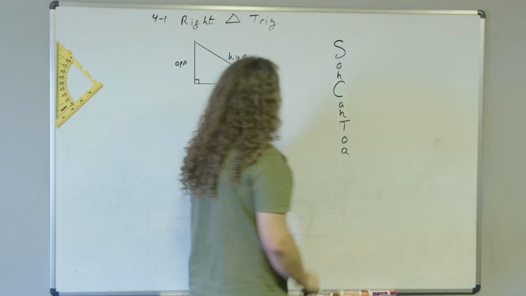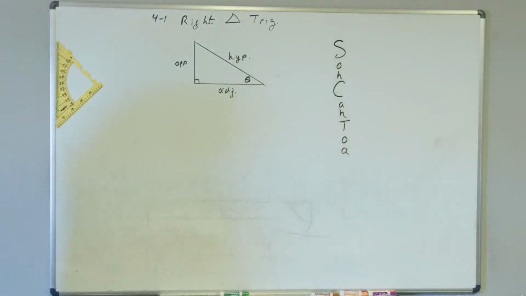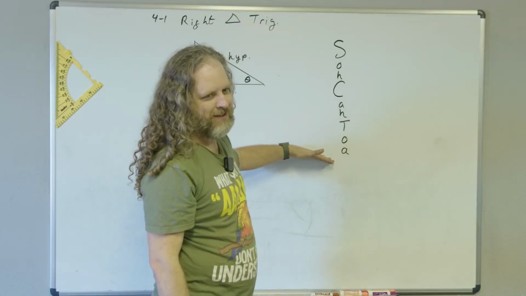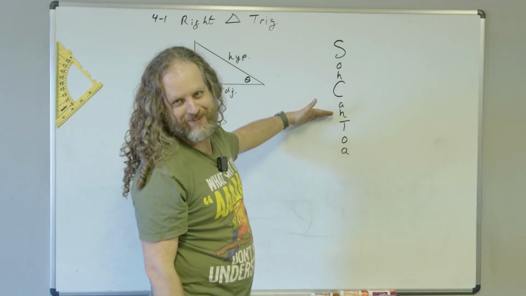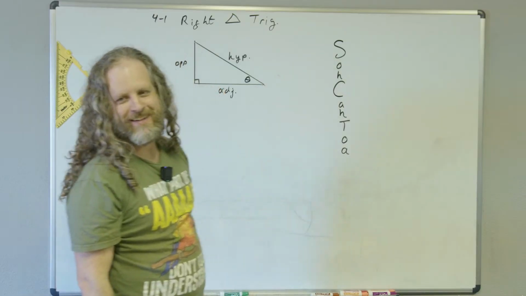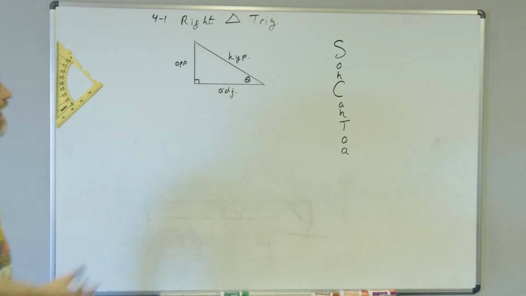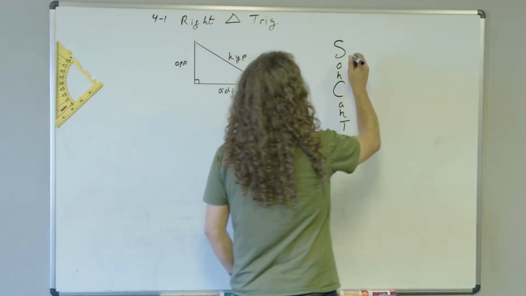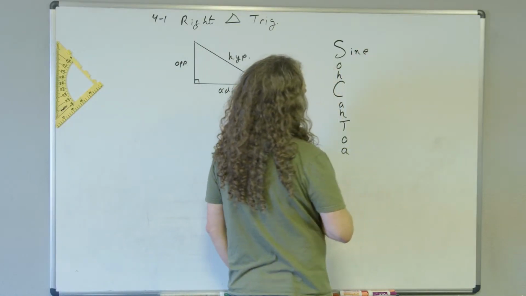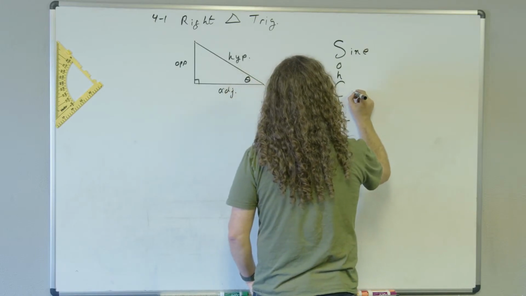And the more you actually pronounce it phonetically and not with some weird accent, the more it'll actually be useful to you. SOHCAHTOA. S stands for sine. I said this one was review, so I'm glad that you remember something. C stands for cosine.